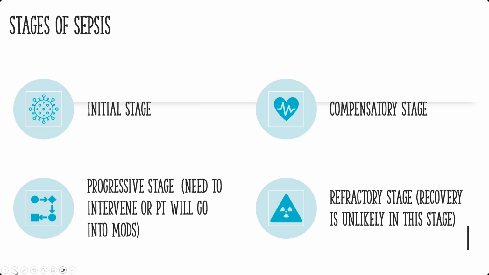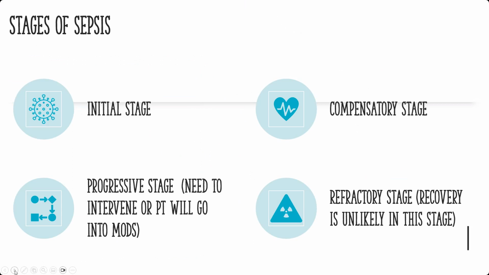Fluid shifts may or may not occur. Because of the leaky vessels, they're going to be edematous out in the periphery, which is going to make it really hard to get the fluid back into the vessel to help support cardiac output. They're going to have hypotension, like I said, tachycardia, tachypnea.